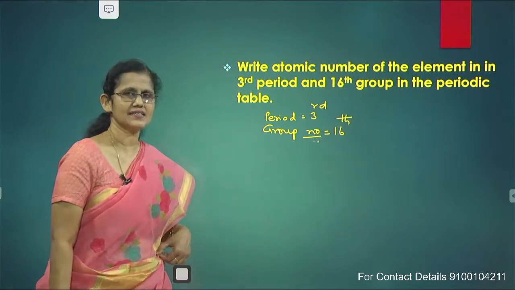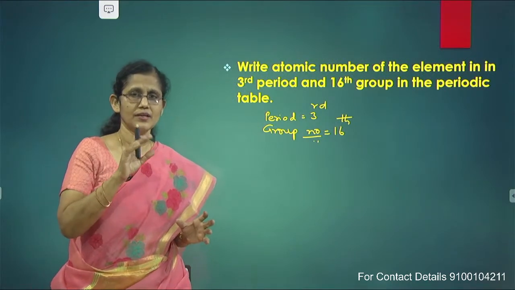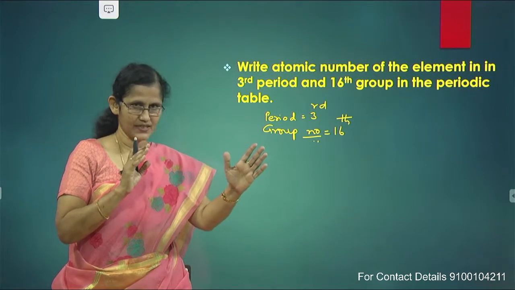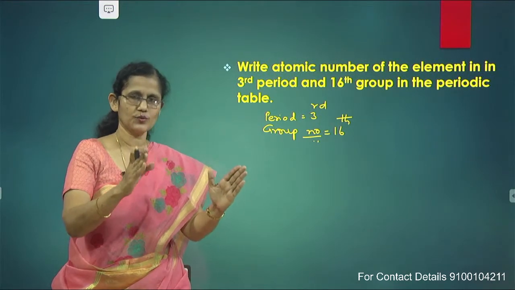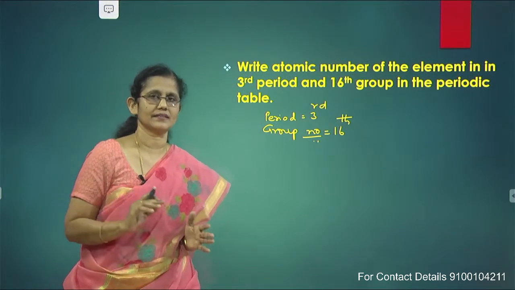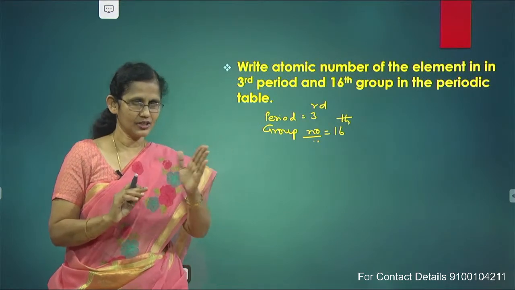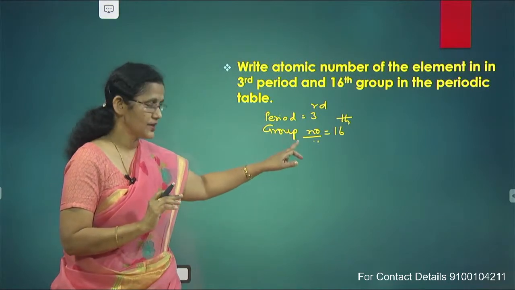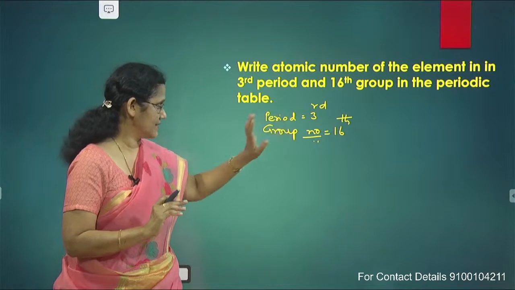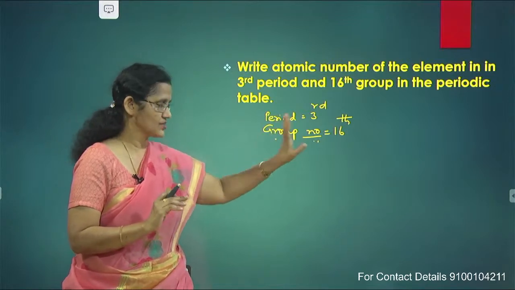When I say 16th group, we must know that it belongs to p block. First and second groups are s block, from 3rd to 12th, 10 groups in d block, from 13th to 18th is p block. So, when I say from 13th onwards, it belongs to p block. Period number he gave is 3, group number 16.